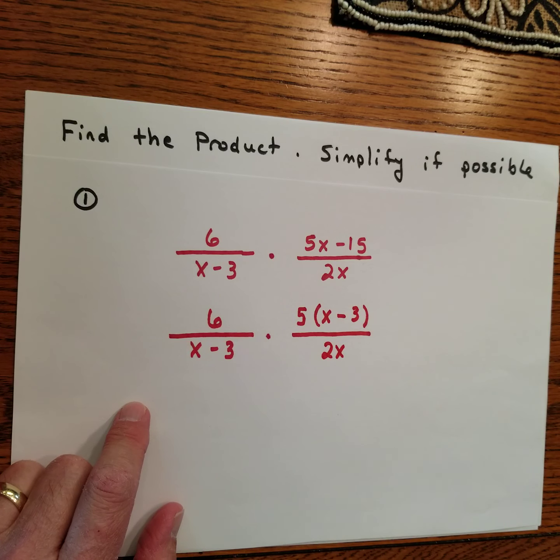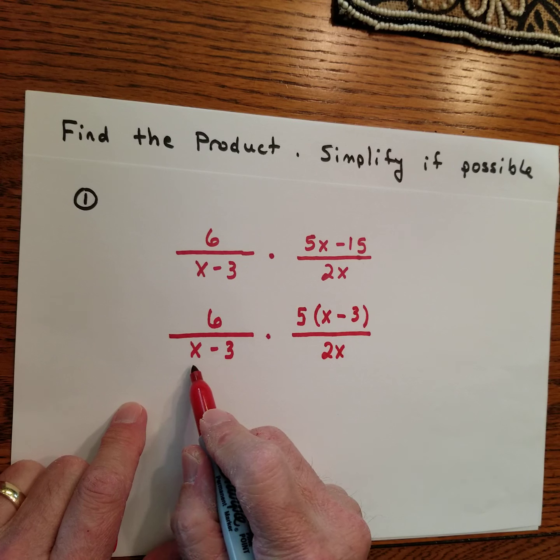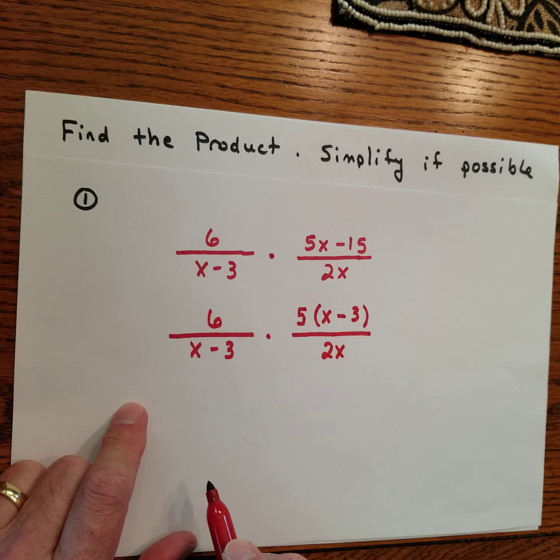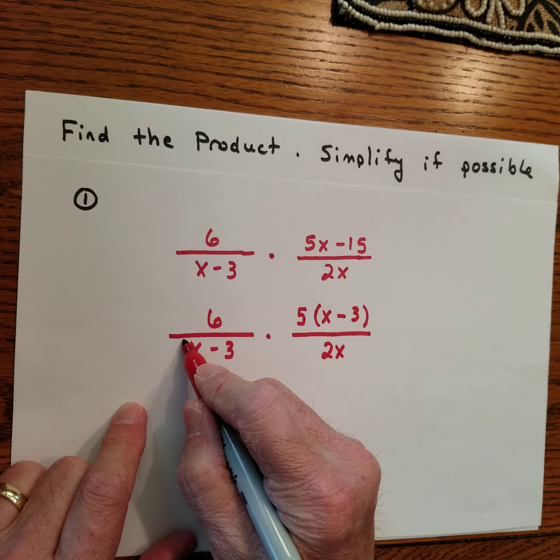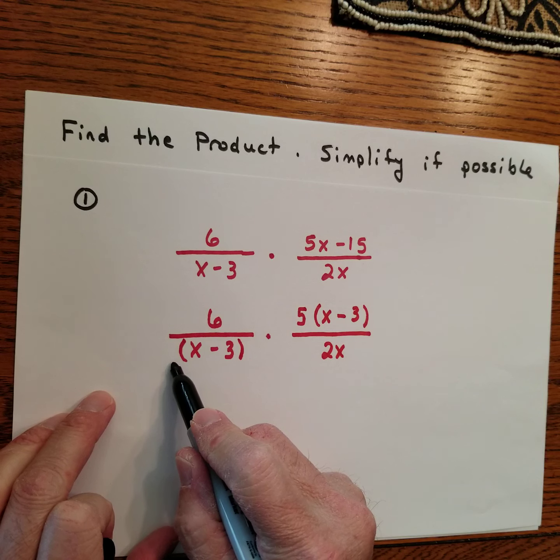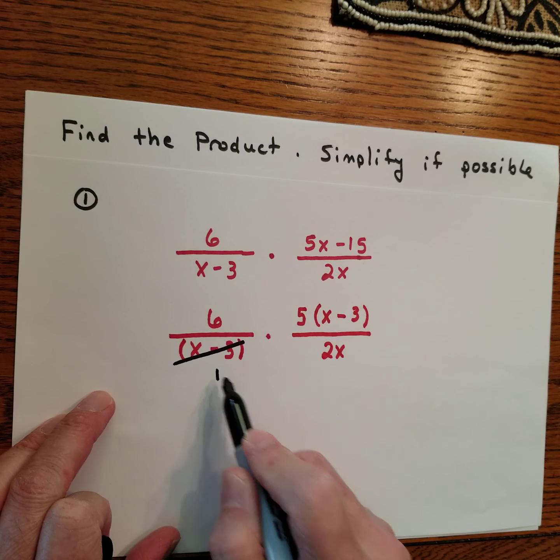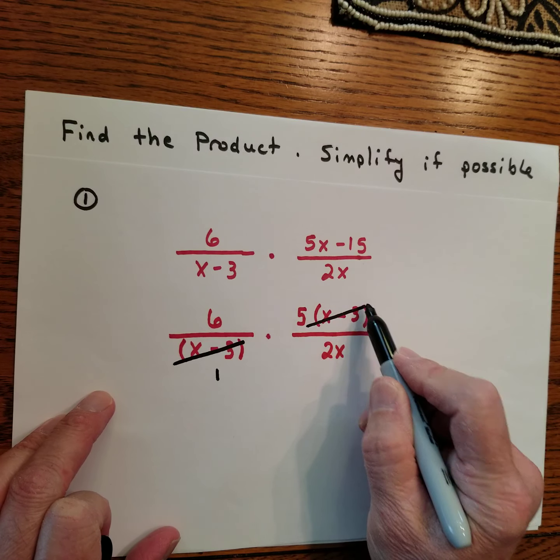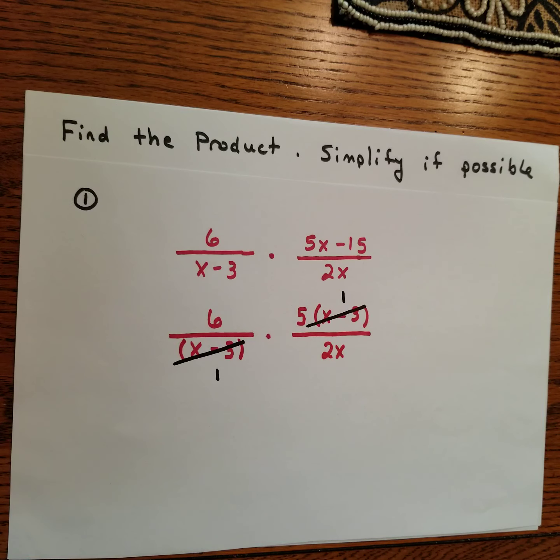Copy the 2x. Now, if you like, you can put parentheses around this x minus 3 as well. I think it helps to see that I can now reduce this entire factor of x minus 3 with this entire factor of x minus 3. Is there more reducing I can do?